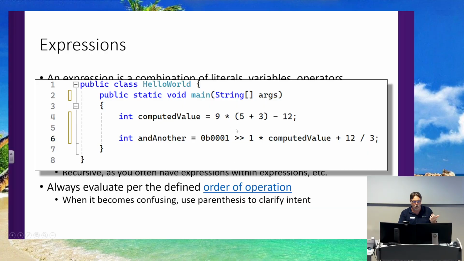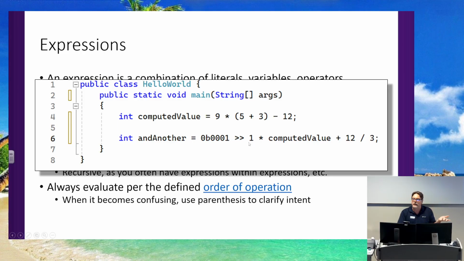So 0, and since it's bitwise, we do that first in the PEMDAS. So parentheses, then bitwise, then exponents, or bitwise and exponent may be the same level, but I think bitwise is first. You might look that up and check me on that.